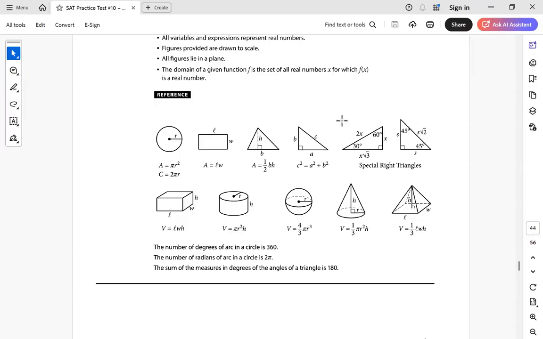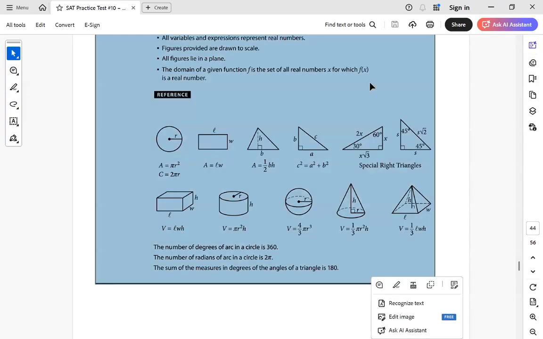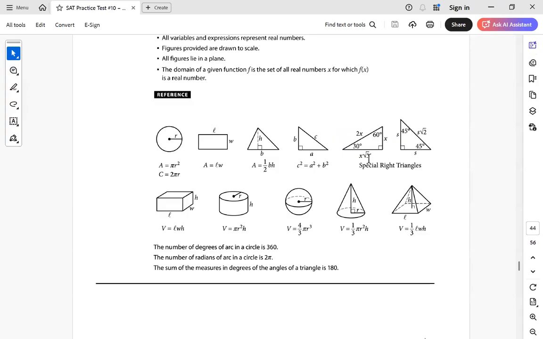The other thing we could have done is notice that we have these special right triangles. Notice that with the Pythagorean theorem, I never used the fact that it was 30, 60, 90. But in my formula sheet on the first page of the module, we have these special right triangles.